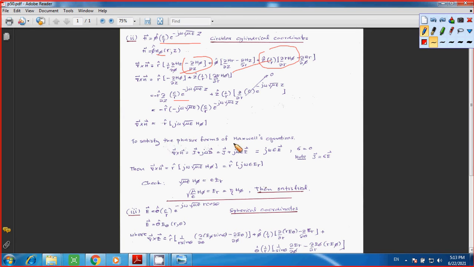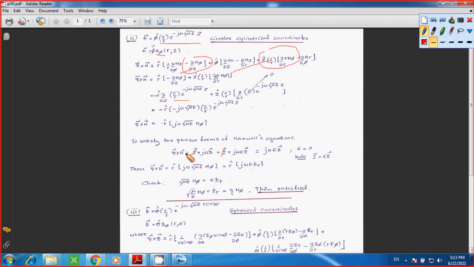To satisfy the phasor form of the Maxwell equation, you have curl H equal to J plus j omega D, where D equals epsilon E. This is the Maxwell equation. For source free, you have sigma equal to 0, so the term J drops.